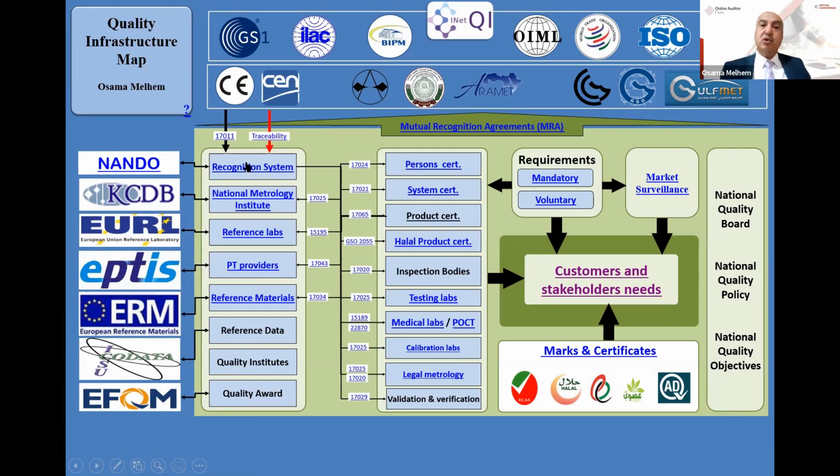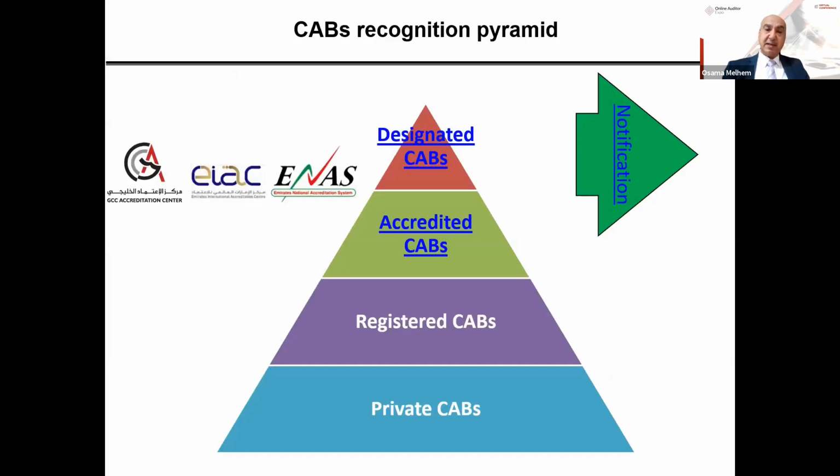Now, I would like to talk a little bit about the recognition system in the UAE, because maybe the audience will benefit from this. We have 4 levels of recognition for the CABs in the UAE.